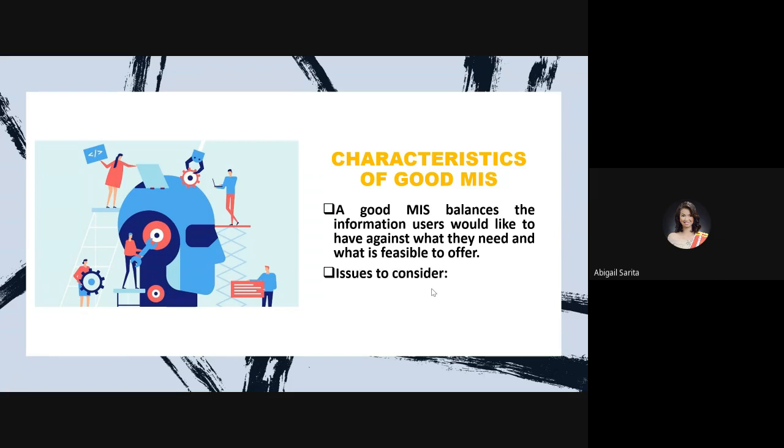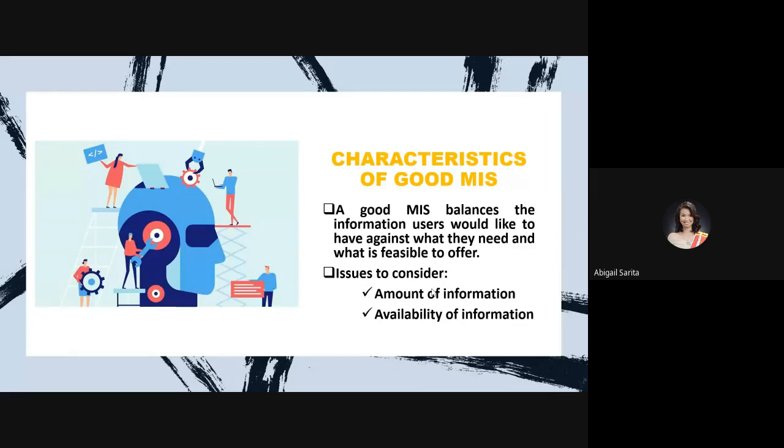Now, issues to consider by having a good MIS. First, class, is amount of information. Ibig sabihin ng amount of information, gaano kadami ba yung data na na-acquire nyo or na-store nyo for your future reference. So you need to consider that, yung amount of information. Next is availability of information.